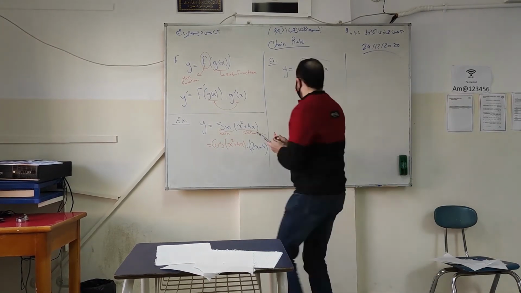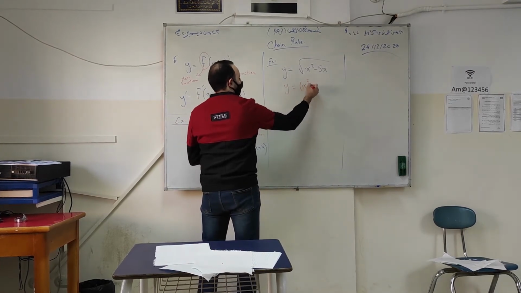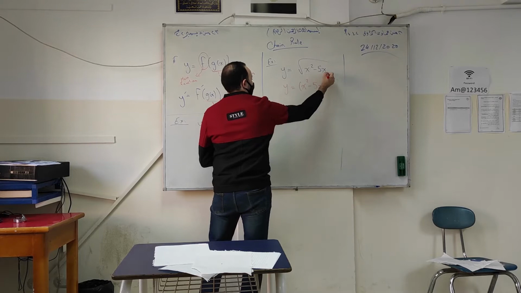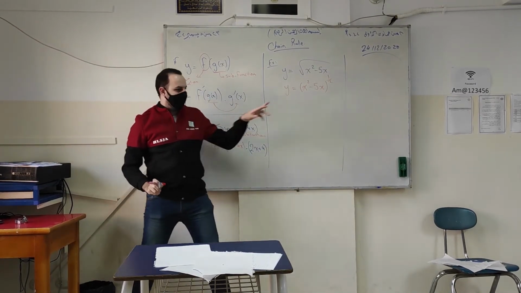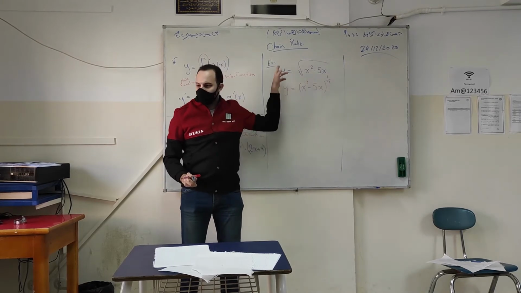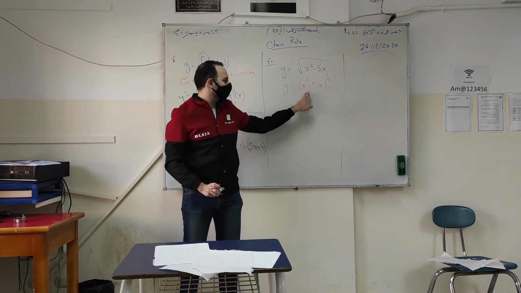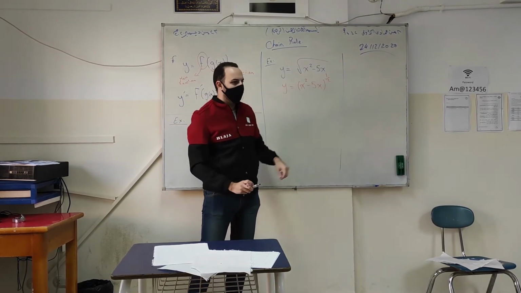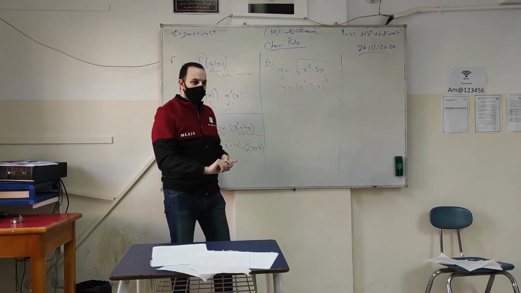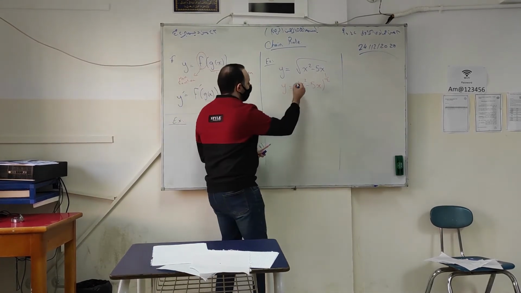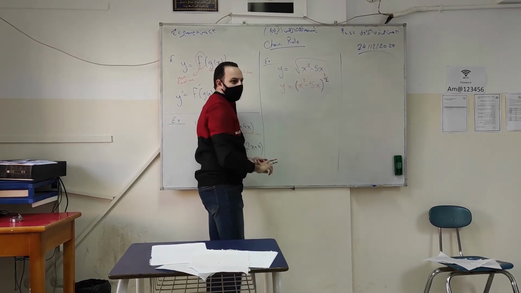Let's write this. I'm going to rewrite it as x squared minus 5x to the power 1 over 2. Because the root, I change it into in over out, 1 over 2. So I have x squared minus 5x to the power 1 over 2. Where is the main function and where is the subfunction here? The main function is this something power half.